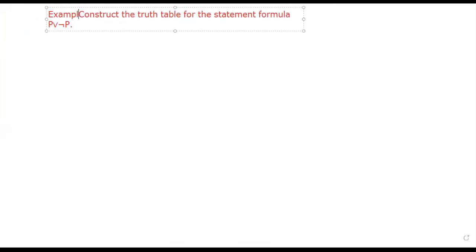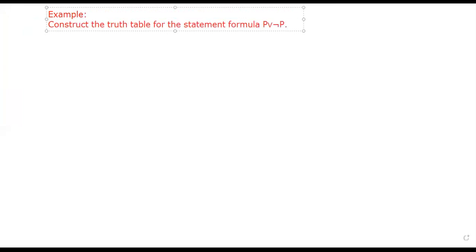I will write here. Anyone, please read the problem. At least one student, please read the problem. Construct the truth table for the statement formula P or negation P. Once read it.